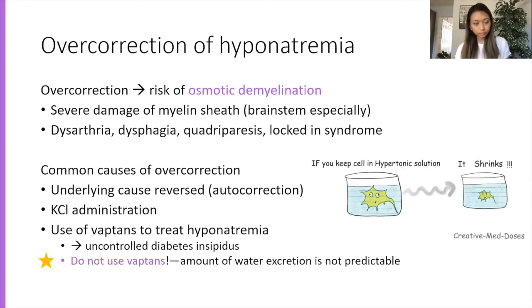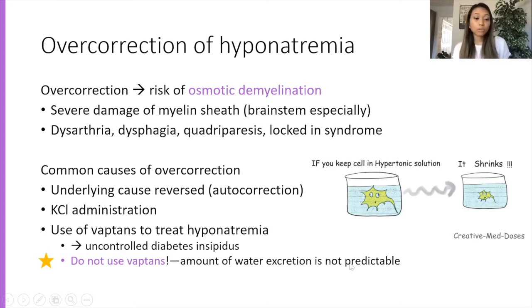Next. So the overcorrection, this is the dreaded osmotic demyelination syndrome or central pontine myelinolysis. People are kind of moving away from that name because yes, it affects the pons, but it affects the rest of the brain too. So this is from severe damage of the myelin sheath, the brainstem especially, hence the pontine part.